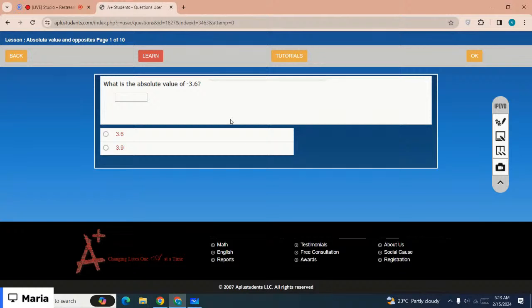The correct option is, yes, that is 3.6, right? Because absolute values are always the positive values.